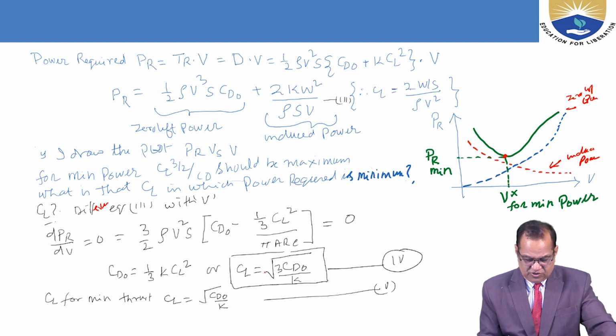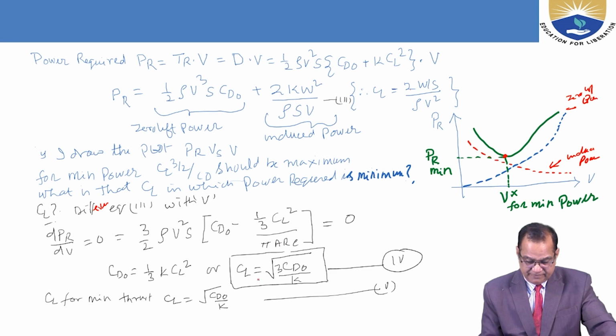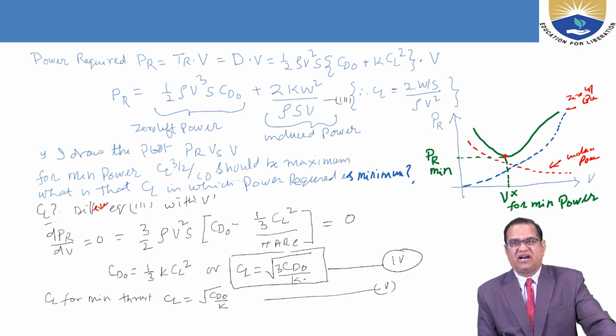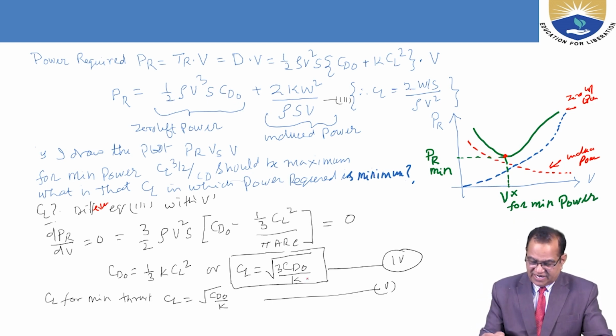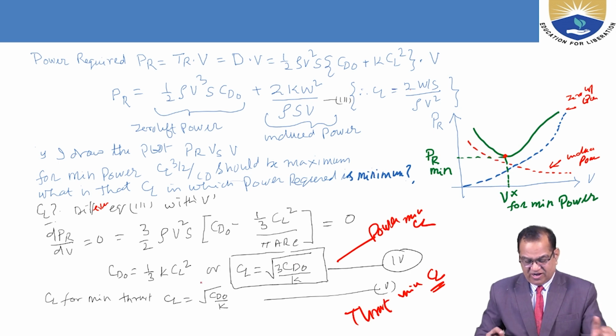So CL is equal to under root 3 CD naught by K. So CL for the minimum thrust is under root CD naught by K, but for the minimum power it is CL equal to under root 3 CD naught by K. This we have to understand: this is for the minimum power, and this is for the minimum thrust. So CL for the minimum power is more than the CL for the minimum thrust.